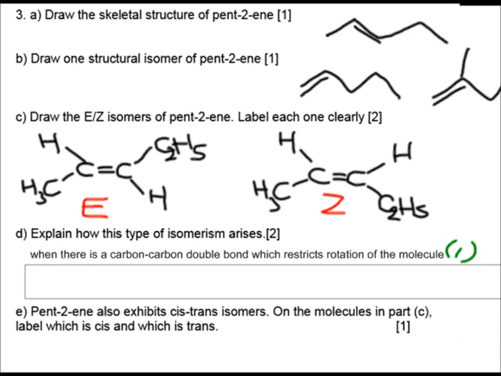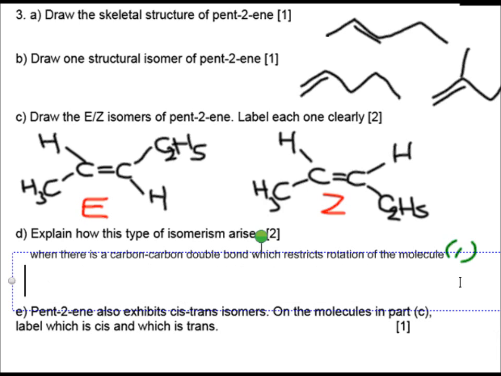The second mark then, the other key thing that you need for having stereoisomers, is that there's got to be 2 different groups on each carbon of the carbon-carbon double bond.